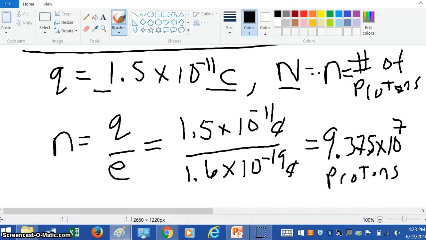So it's 9.375 times 10 to the 7th protons. That's the number of protons that make up this charge. It's always a whole number of protons, and of course this is a whole number. It's a very large number, but it's always a whole number of protons or a whole number of electrons.